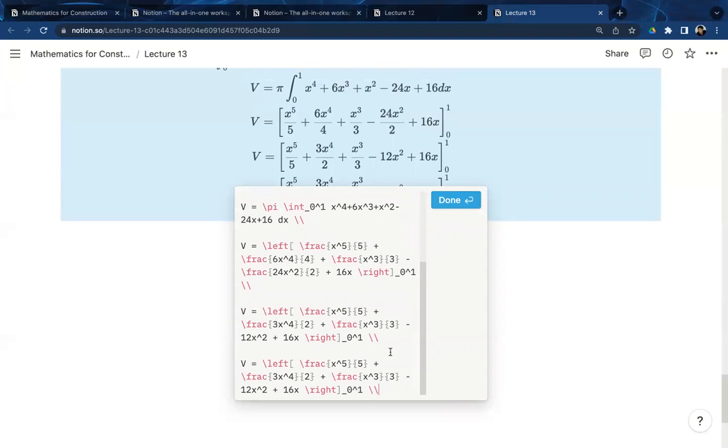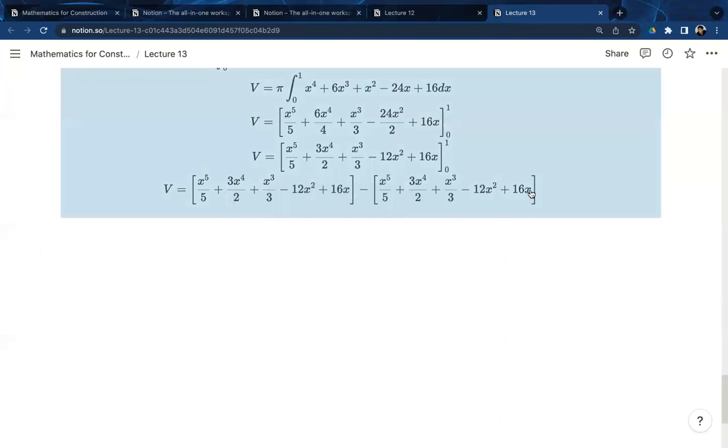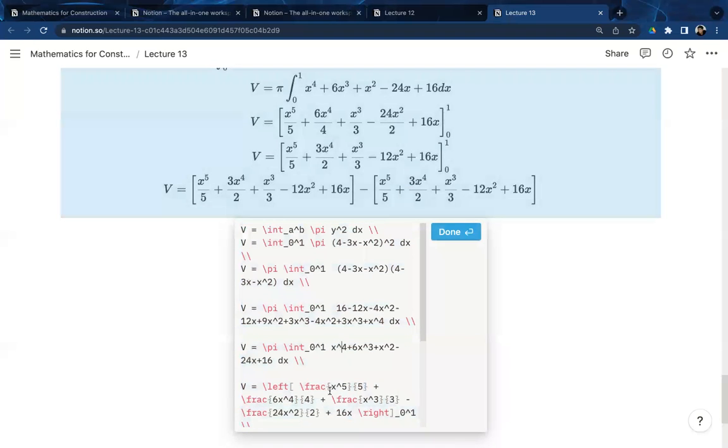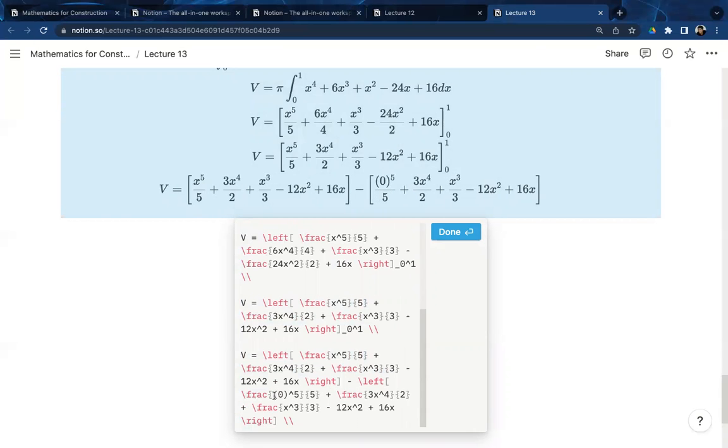All right, so take out the 1 and 0, and it's these two things. Now the second thing will be 0. Wherever we see x here, we want 1. Wherever we see x here, we want this here. So let's write that in.